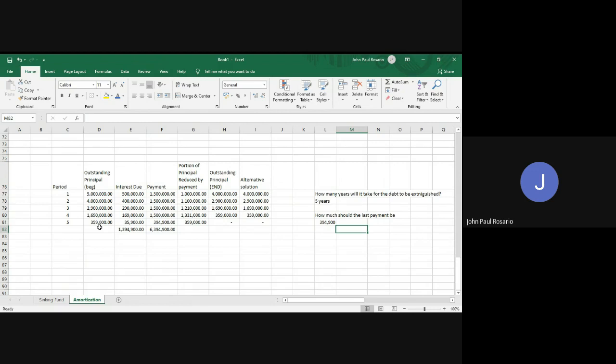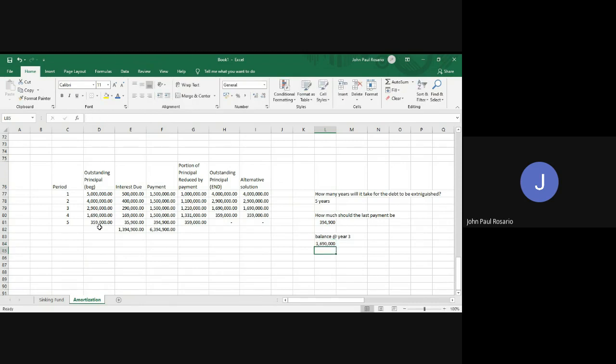Now, could we solve these two questions without the balance at year 3? So year 3. This is how much, 1690.